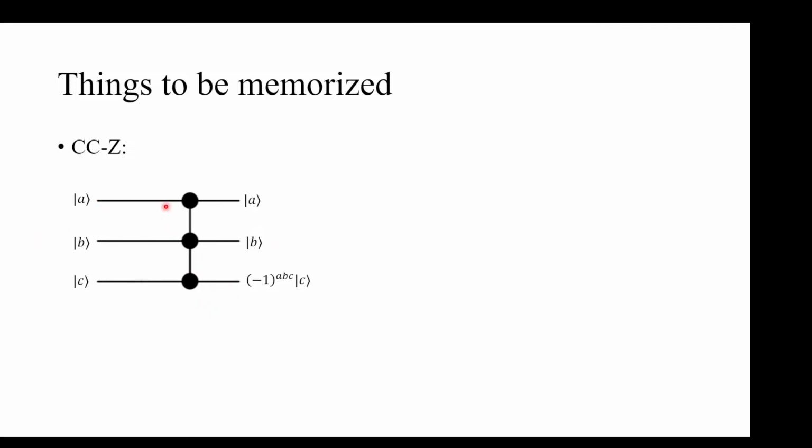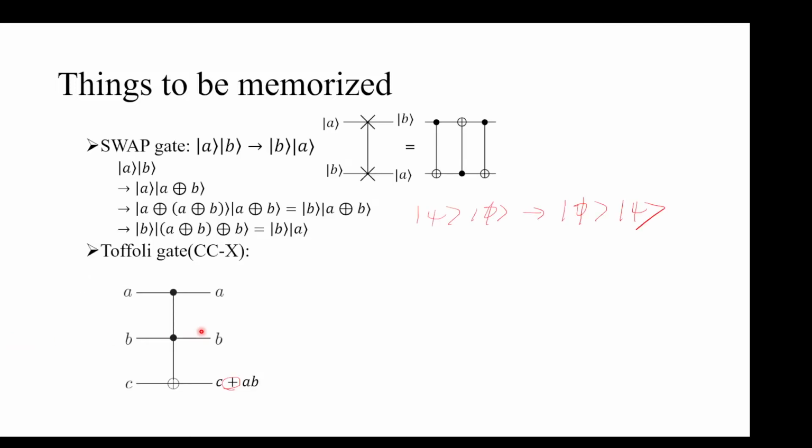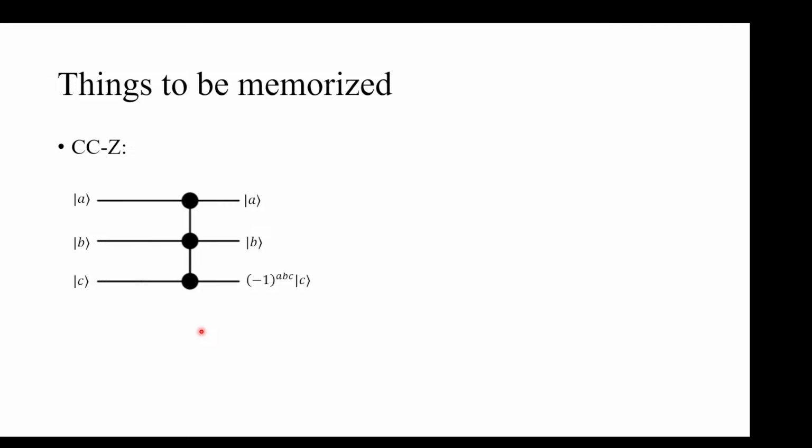So controlled-Z, control on both qubit 1 and qubit 2 equal to 1, then you apply the Z gate on the third qubit. And so basically this gives you a -1 phase only when A, B, C all equal 1. But a phase you can put everywhere, so this is really symmetric over the 3 qubits. Okay. And so those are basic gates and notation to be remembered.